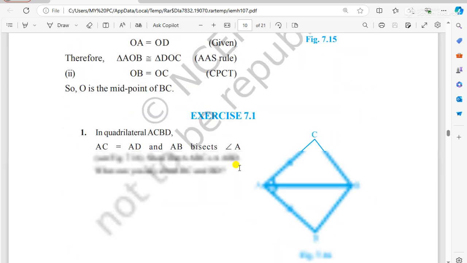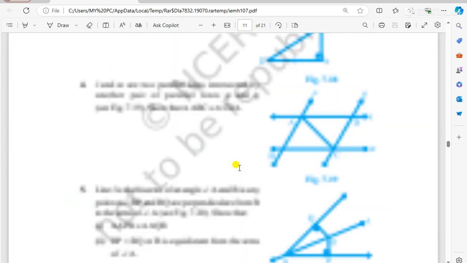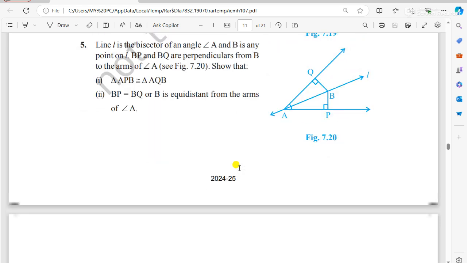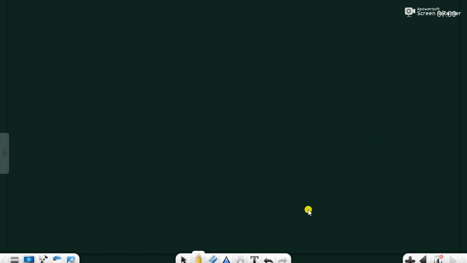Next, we will find another rule, that is the right angle hypotenuse side rule, RHS.